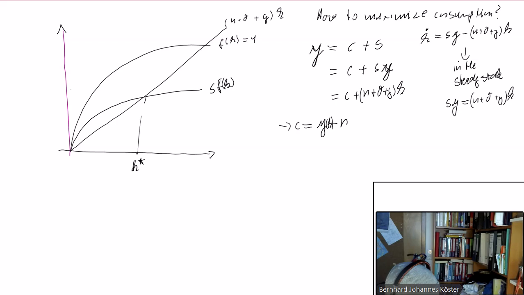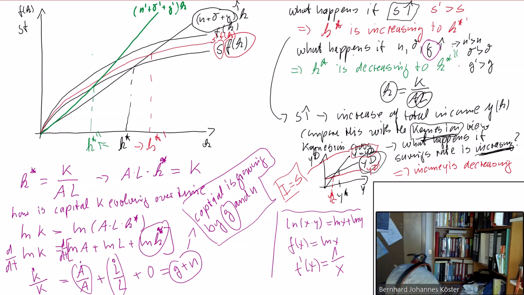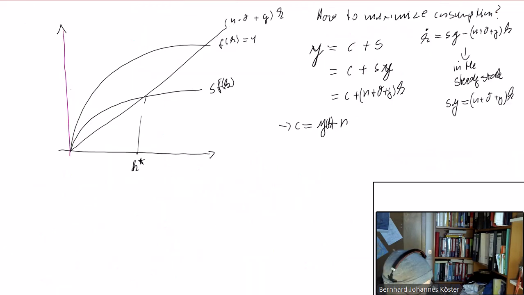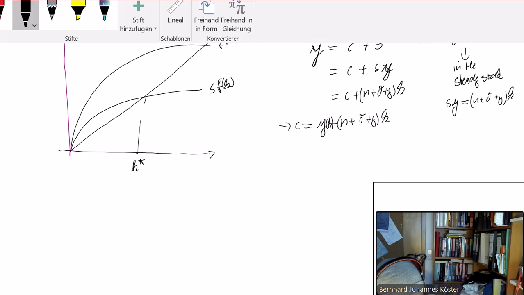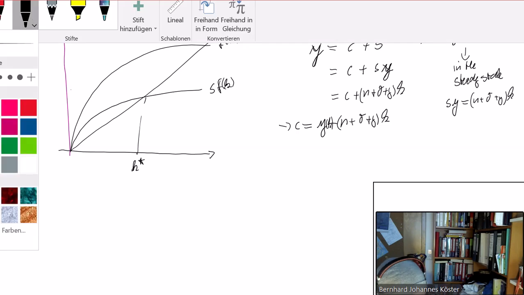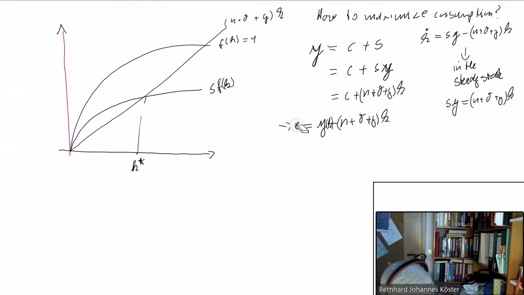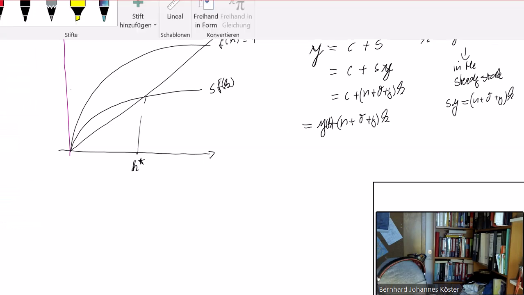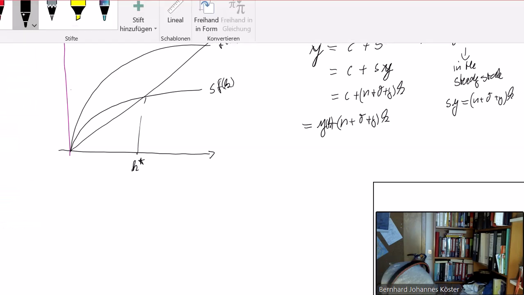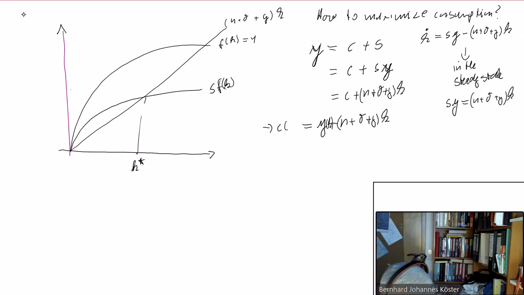Total production is of course also depending on k, and therefore of course also consumption is a function of k.